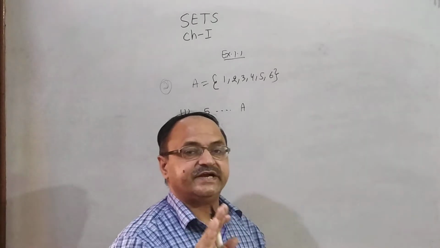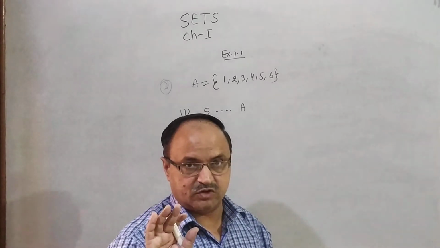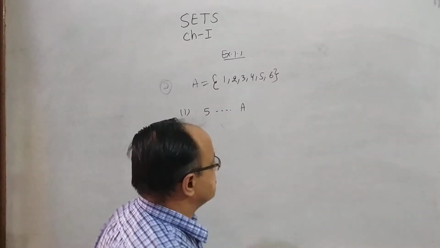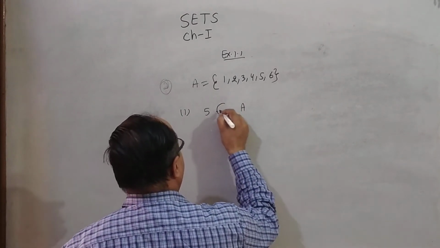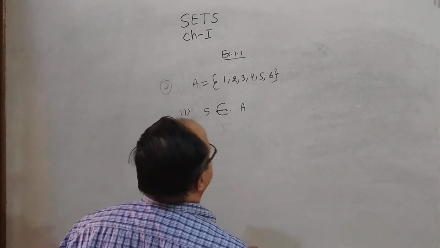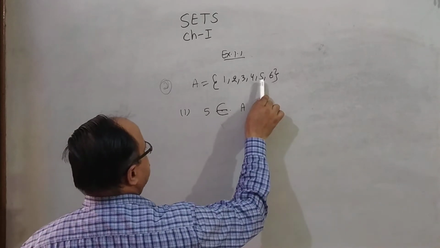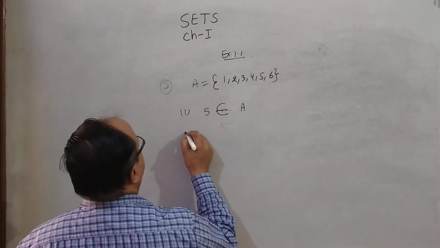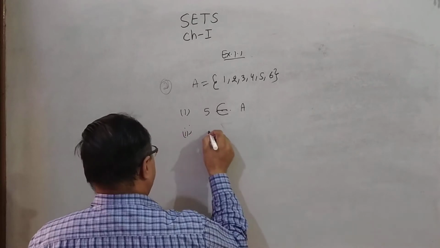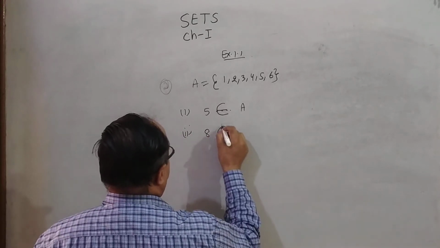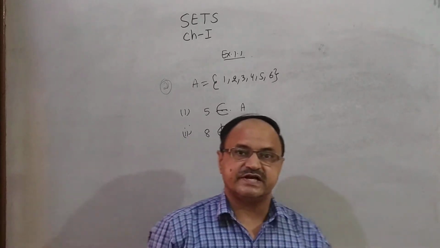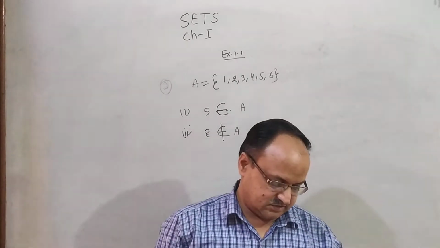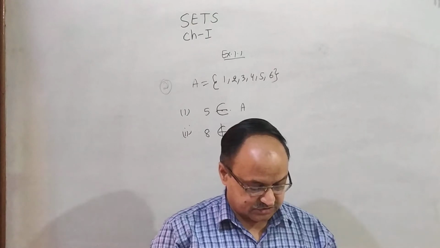If it is an element of set A, then you write the symbol belongs to. If it is not an element of set A, then does not belong to. So you can say 5 belongs to set A, because 5 is a member of set A. And second part of this question, 8 does not belong to set A. Clear? The rest you can solve. The question is very easy.